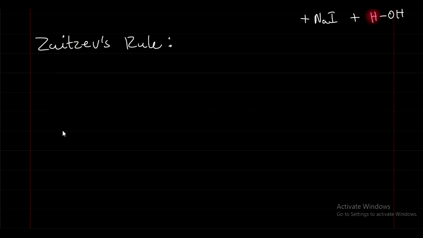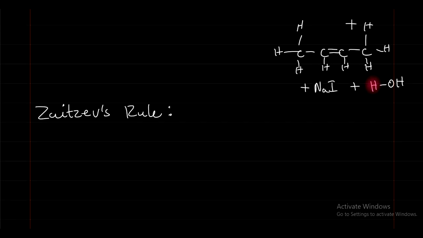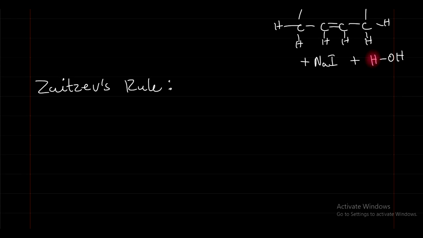Zaitsev is saying that when we are performing an elimination, a dehydrohalogenation, the hydrogen that will be removed is from the carbon that is the most substituted.